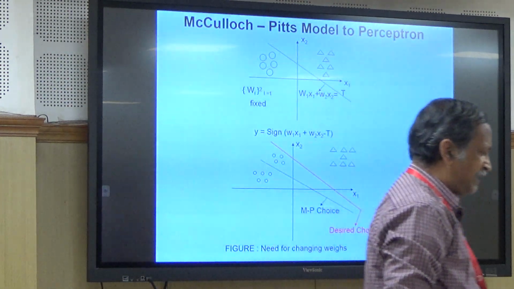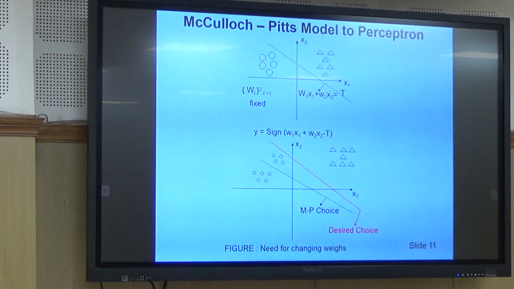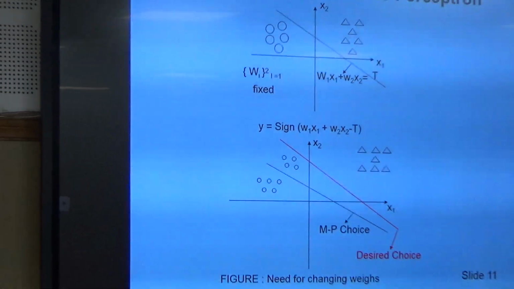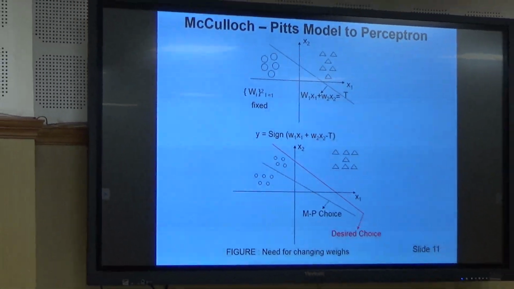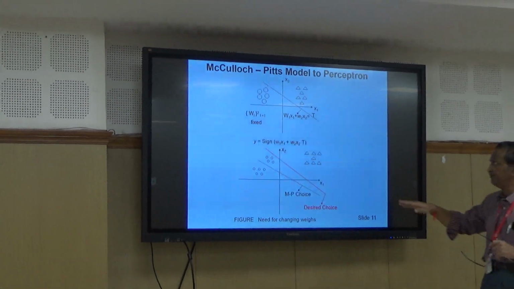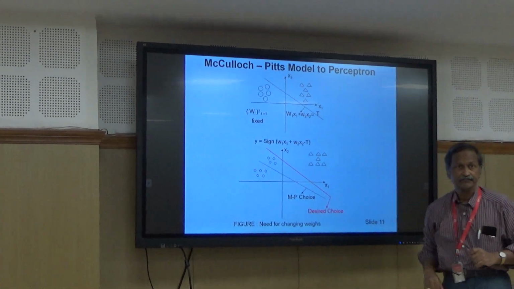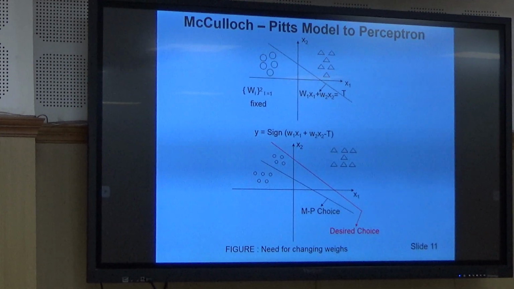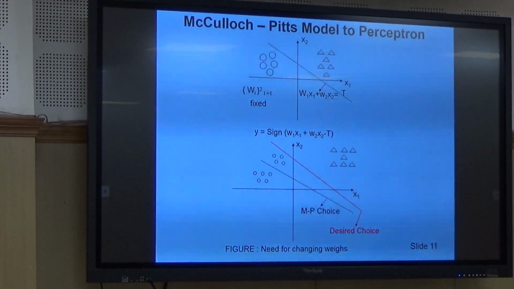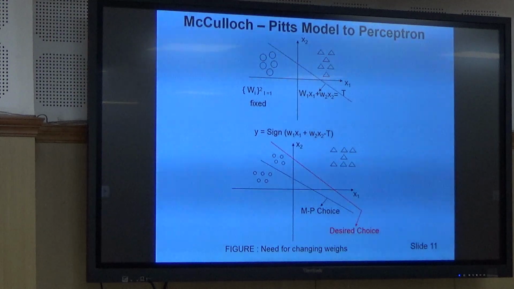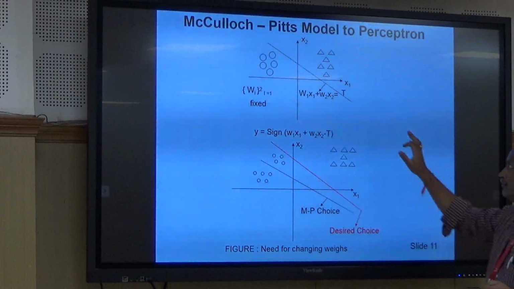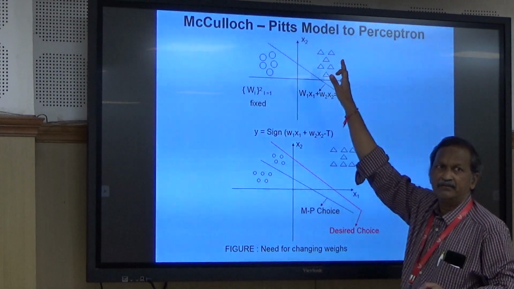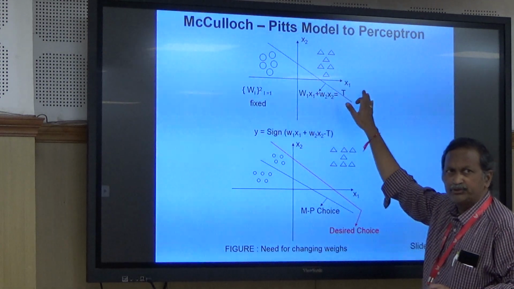So in two dimensions, the simplest function that you can think of is a line. And all of you agree, the equation for a line is y equals mx plus c. Good. Now, my coordinates are not anymore x and y. My coordinates are x1 and x2.